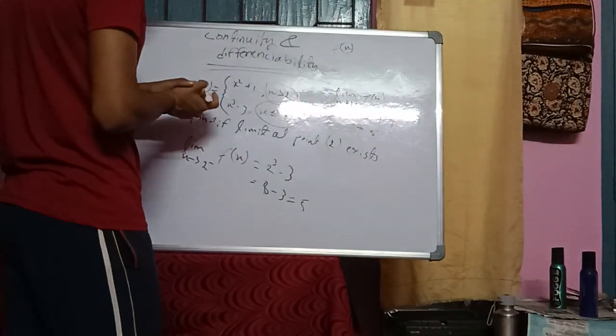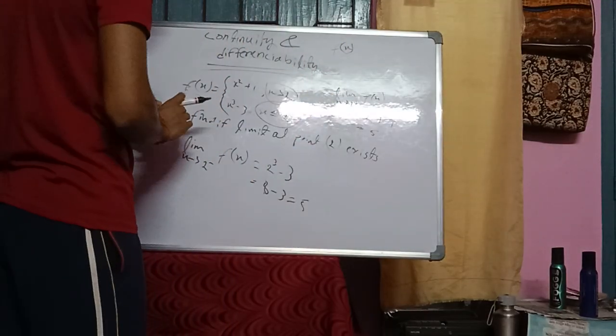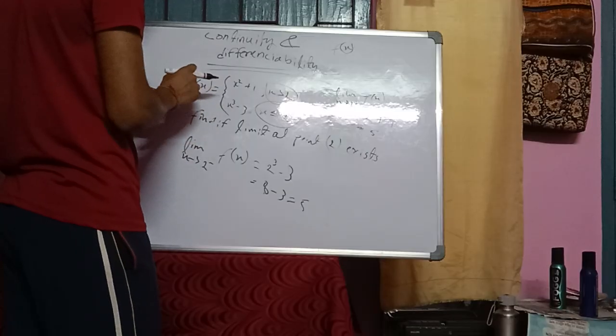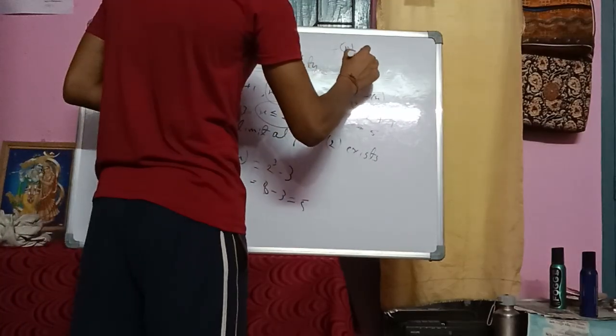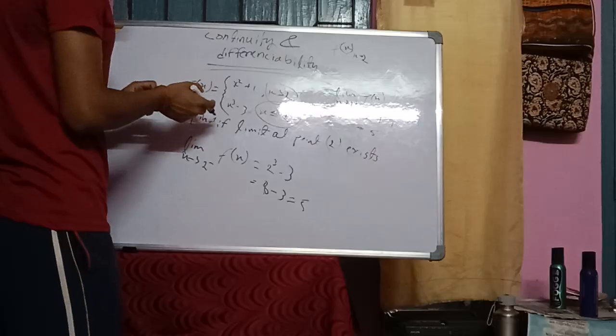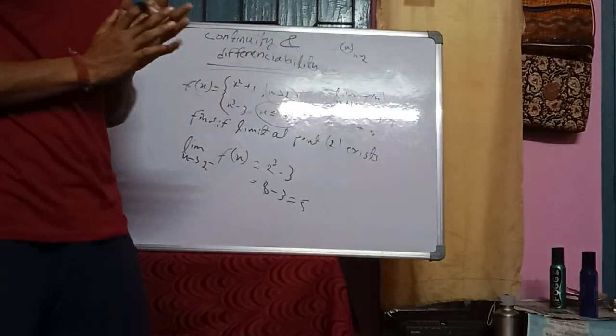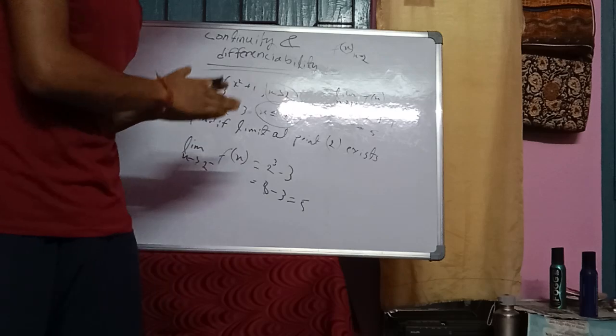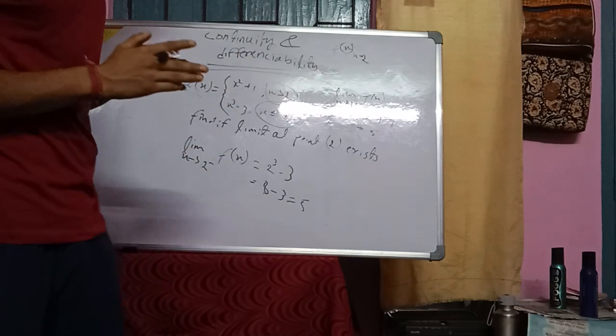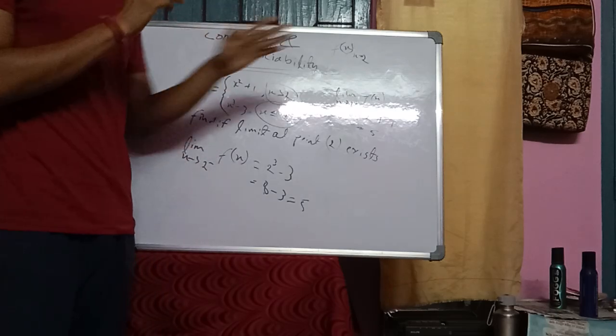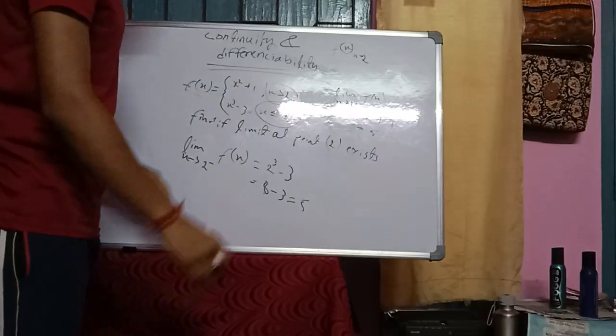Let's say we have been asked to find the functional value of this function at x equals 2. Then we'll be just writing down x equals 2. We are not going to write x slightly larger than 2 or slightly smaller than 2, not like that. This is just 2, big solid 2.